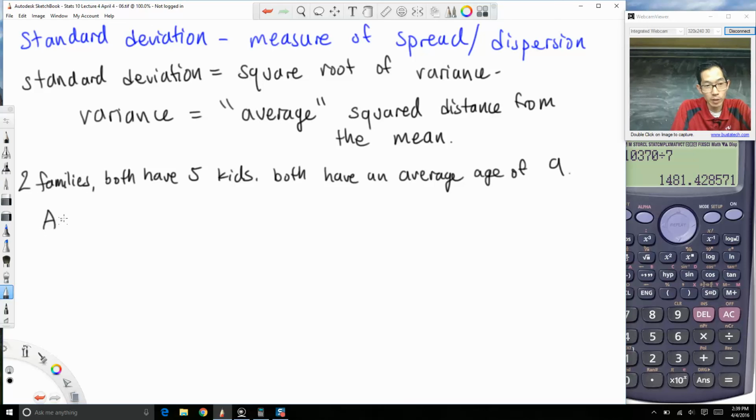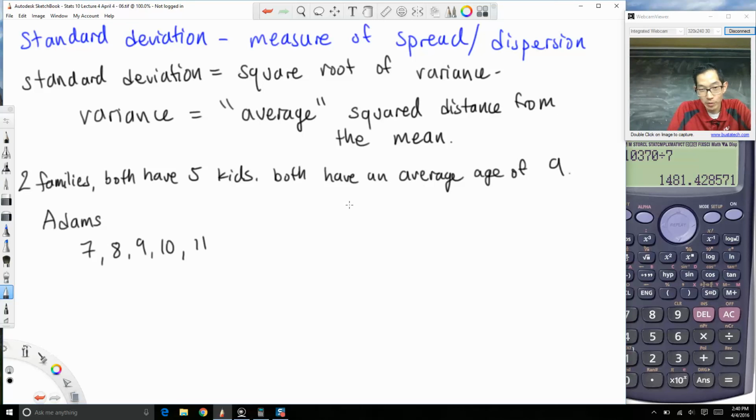So we got family A, the Adams family, okay? The kids' ages, we will say, are 7, 8, 9, 10, 11. So 5 kids, and you've got 5 kids very close to each other in age.